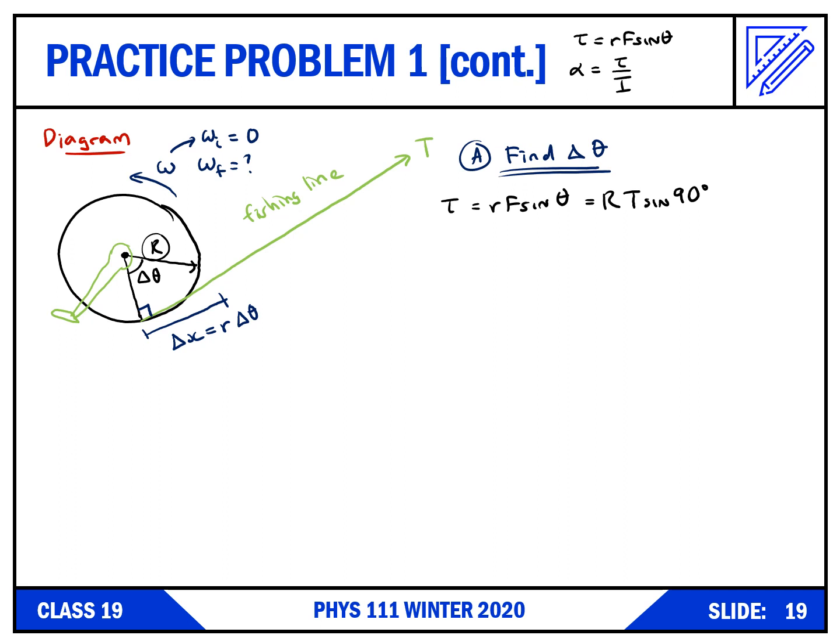Sine of 90 is equal to 1, so that means this is just equal to R times T. After, we have angular acceleration, it's equal to torque over I, and that's equal to RT over I. And our goal is to try and find delta theta.